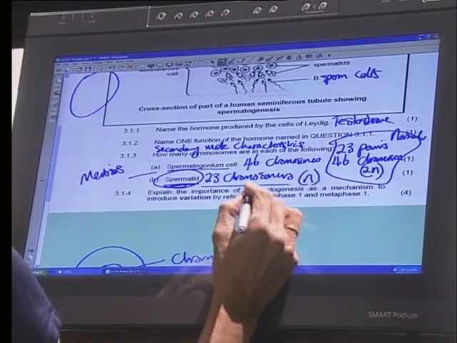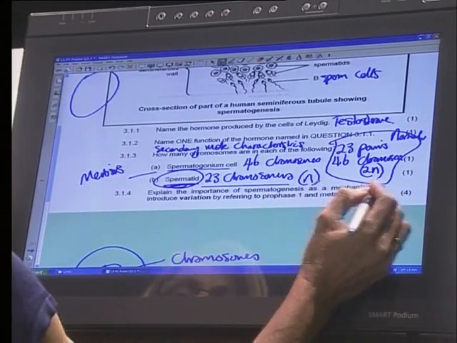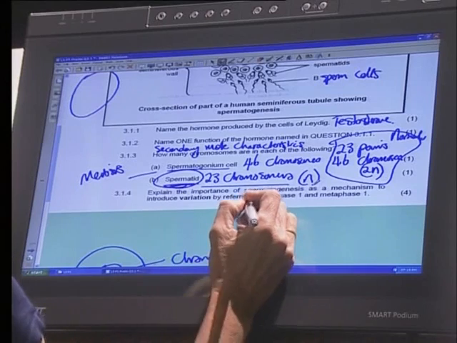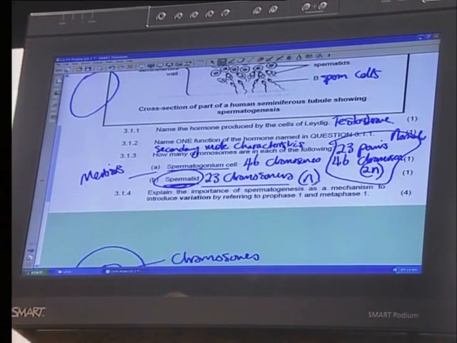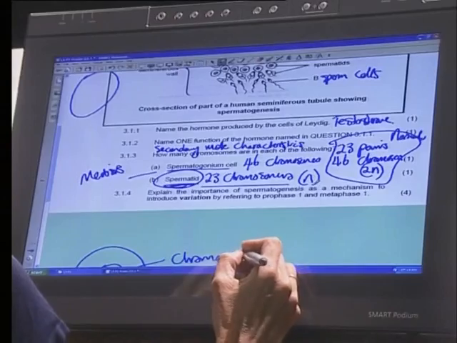Then explain the importance of spermatogenesis as a mechanism to introduce variation by referring to prophase 1 and metaphase 1. Now, you've got to remember that during prophase 1, you have crossing over. We spoke about the crossing over earlier.